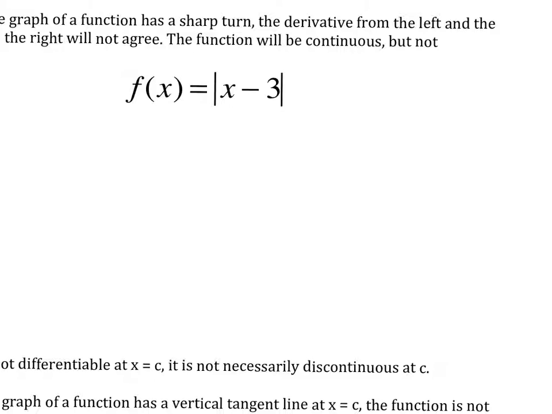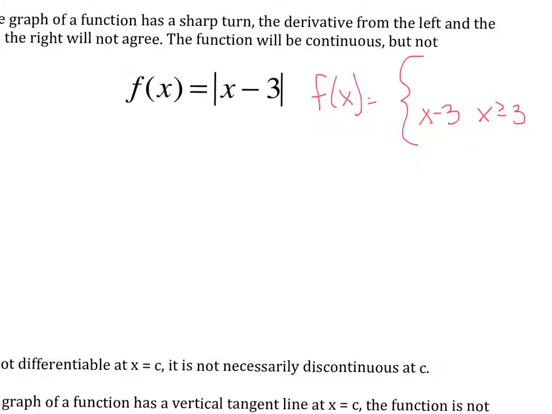So instead of saying f of x equals the absolute value of x minus 3, I'm going to think about that as f of x equals, when x is greater than or equal to 3, just x minus 3. If I plug in 3, I'd get 0. If I plug in 4, I'd get 1.